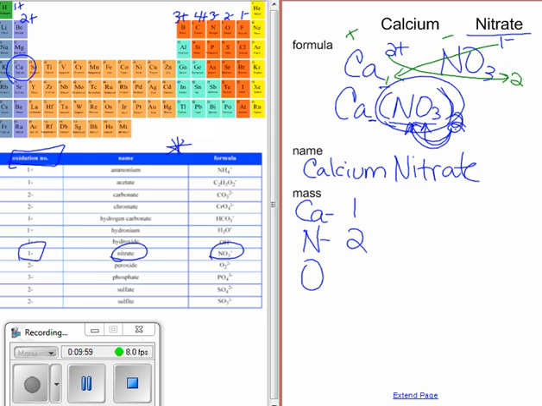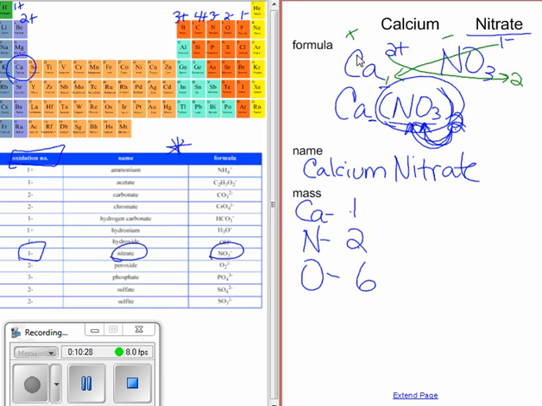For oxygen, I already have 3 oxygens, and now I've got this 2 on the outside. So I'm going to multiply those two numbers and get 6 oxygens. So I have a total of 1 calcium, 2 nitrogens, and 6 oxygens in calcium nitrate. Now we're going to look up the atomic mass for each of those on your periodic table.